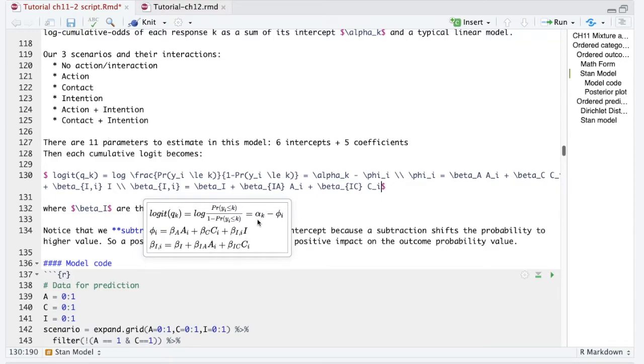And for intention, since there are 3 variables that are related with intention, as you can see now, we extract intention out of the equations and make it like this. So this is the effect of intention only, and beta IA is the effect for the interaction term from action and intention. Beta IC is the interaction of contact and intention. By doing so, our model looks simpler.